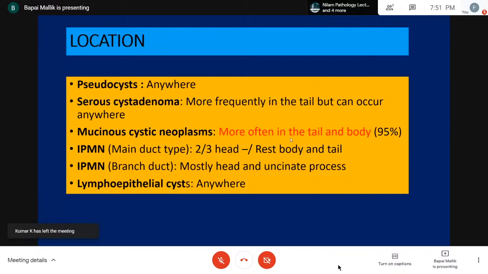It's very, very rare to find mucinous cystic neoplasms in the head of the pancreas. IPMNs are of various types. We are going to discuss those types later on. But in the main duct type, 2/3 of them occur in the head, and the rest can occur in the body and the tail. The branch duct type occurs mostly in the head and the uncinate process, and it can also occur in the rest of the pancreas.